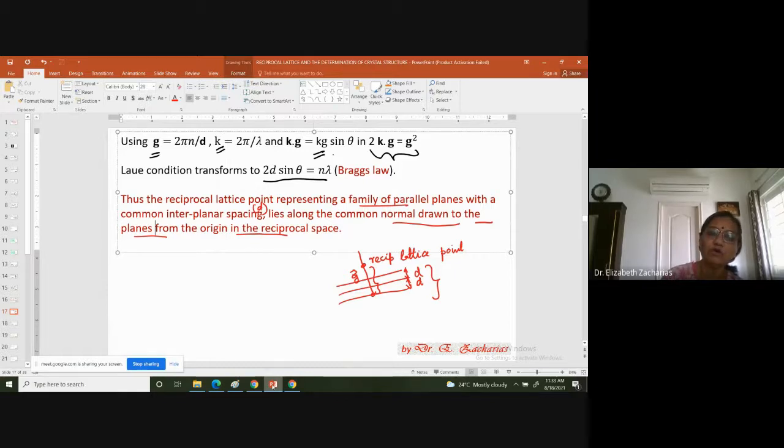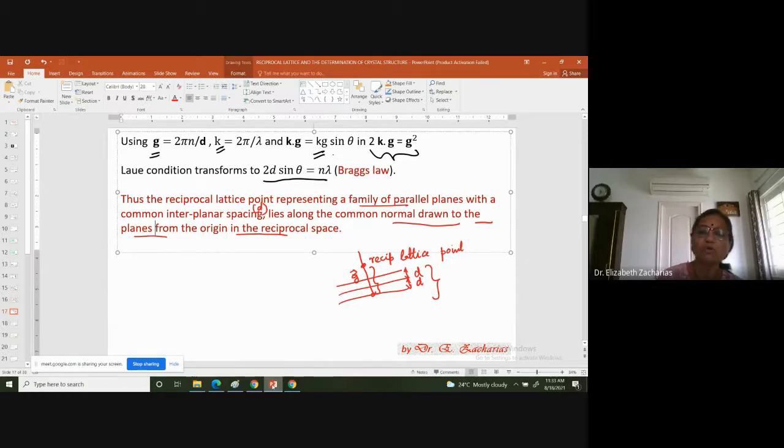Then we also concluded that reciprocal lattice points essentially represent a family of parallel planes in a real lattice. And then the reciprocal lattice points always lie perpendicular to the family of the planes. And the distance of these lattice points also is decided by the distance between the planes.